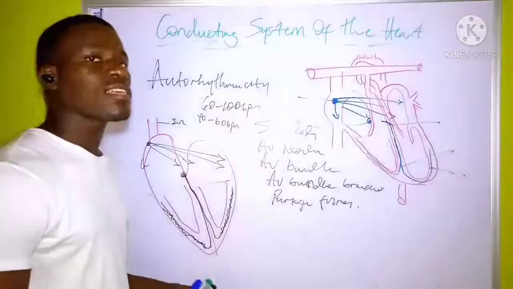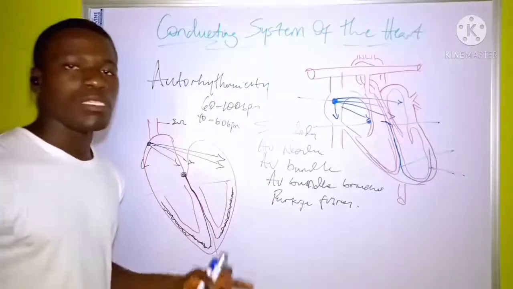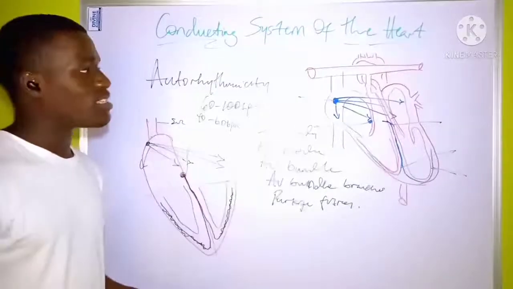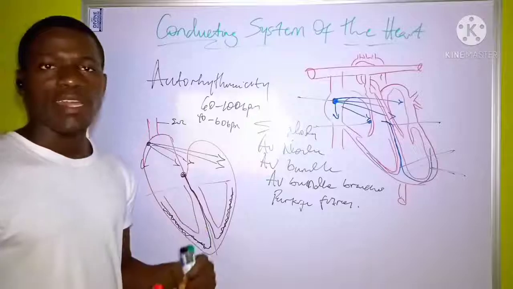Now the heart rate can be influenced by several factors, that is the nervous system and the endocrine system. Even when the impulse is not generated from them, they affect the pulse rate.